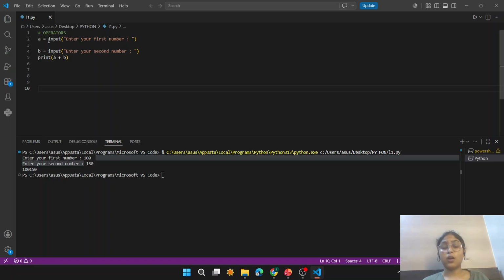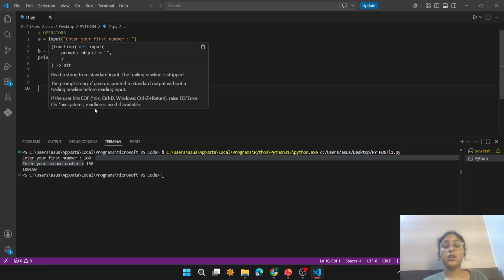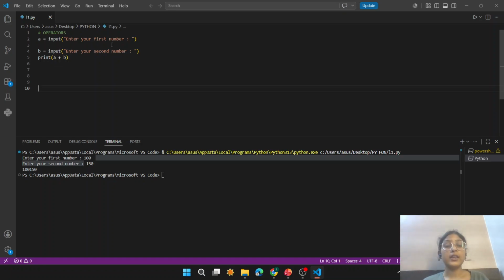Because, as I already told you, the input function by default takes any number as text. And whenever you add two texts, or two strings, it is concatenation. It is taking 100 plus 150 and giving you the text like this.